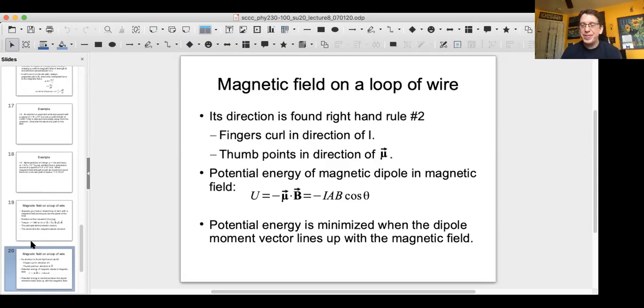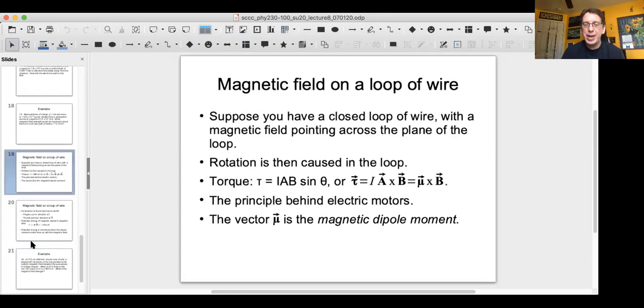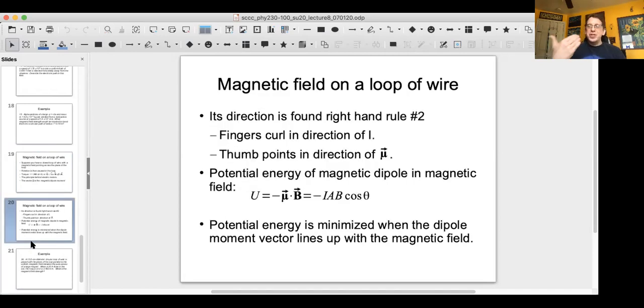So it's the same theta that we have from the slide before, where you're figuring out the torque, which is the sine of theta. So the force is going to act to minimize the potential energy, and potential energy is minimized when the dipole moment lines up with the magnetic field vector.